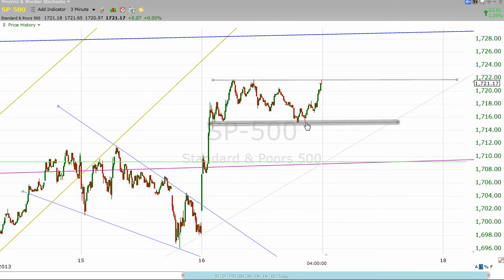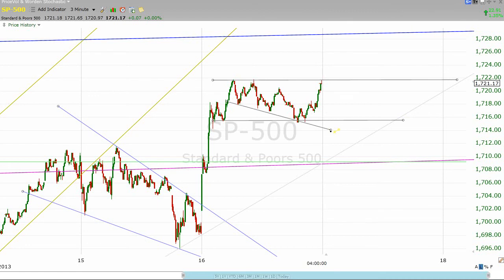But you know that this is a little ragged here, so I'll leave that. But this one up here, I think I'm more interested in. If we get over this line, then I think that should tell us that this may be a little horizontal flag pattern here that's pointing us in the direction of a move up to about 1740.